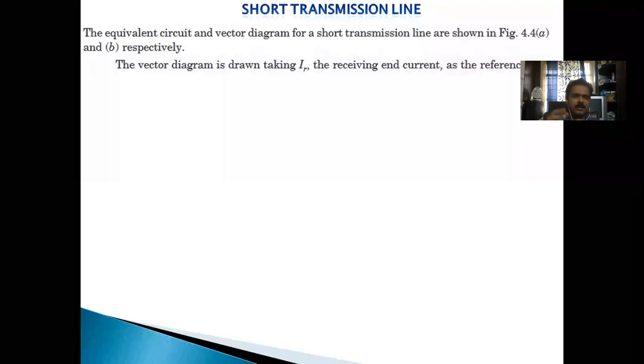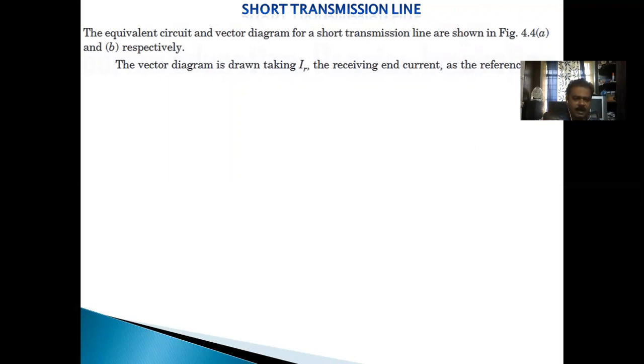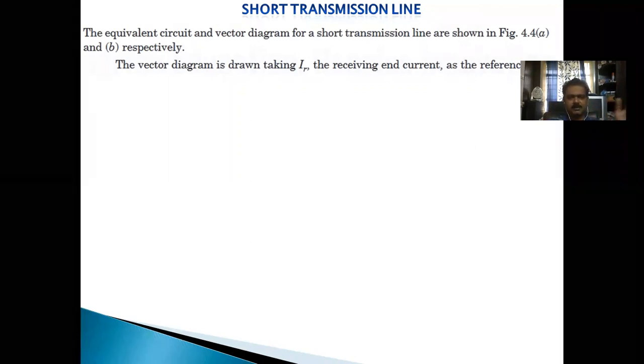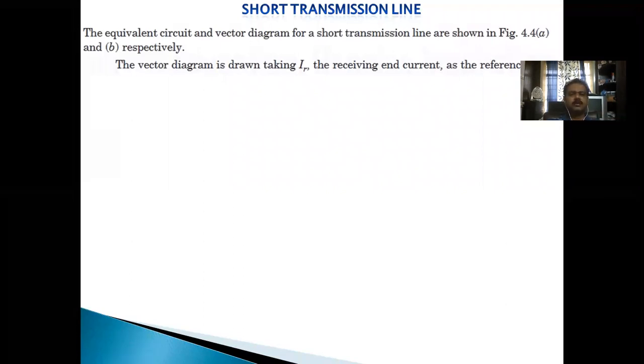Once we evaluate the resistance, inductance and capacitance values for a given transmission line, as in the first chapter, the next step is how the system performs, that is, how the efficiency and the regulation are going to be. Once we know these values, we can find the performance of the given transmission line.